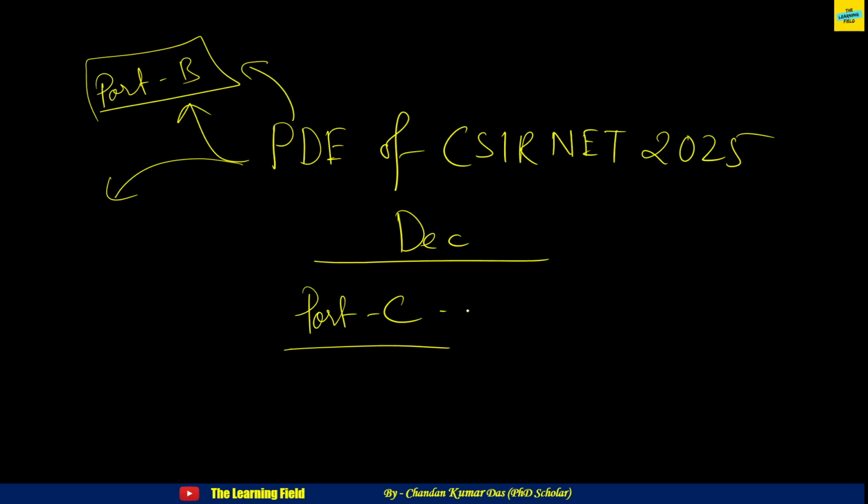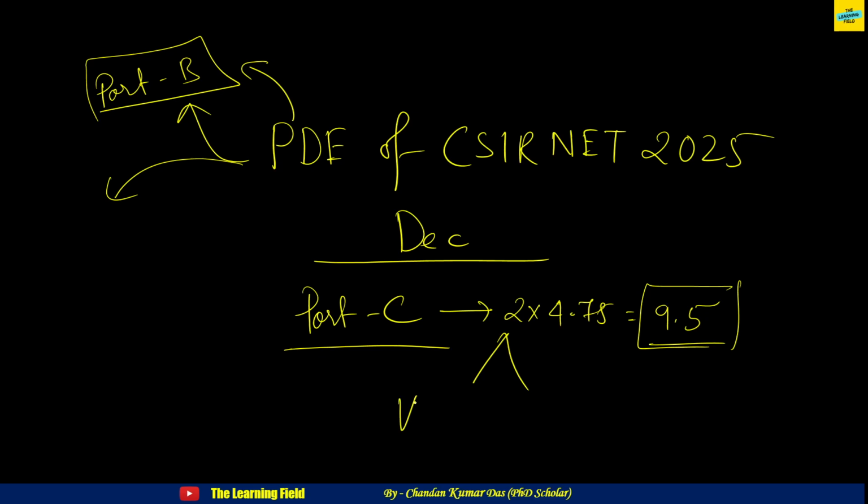Now in part C, there are two questions, so two questions mean 2 into 4.75 marks, so 9.5 marks. These two questions are very beautiful questions.